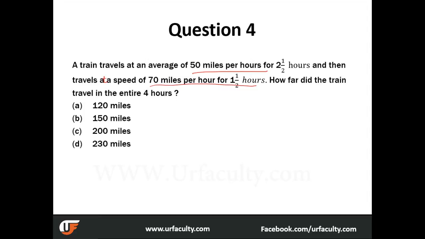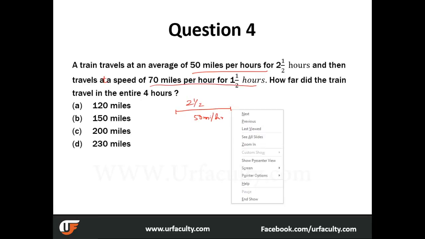They have told you that it traveled for 2.5 hours at 50 miles per hour, right? Miles per hour. And next 1.5 hours, it has traveled at 70 miles per hour.